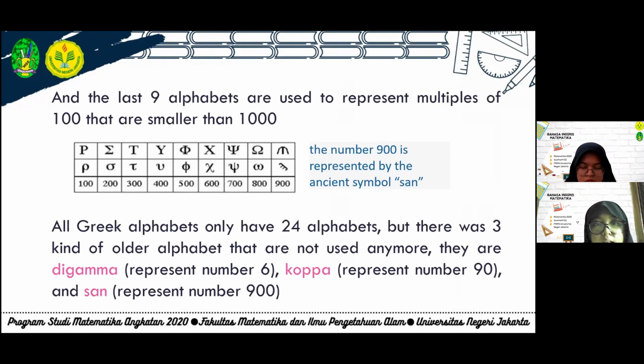And the last 9 alphabets are used to represent multiples of 100 that are smaller than 1000.